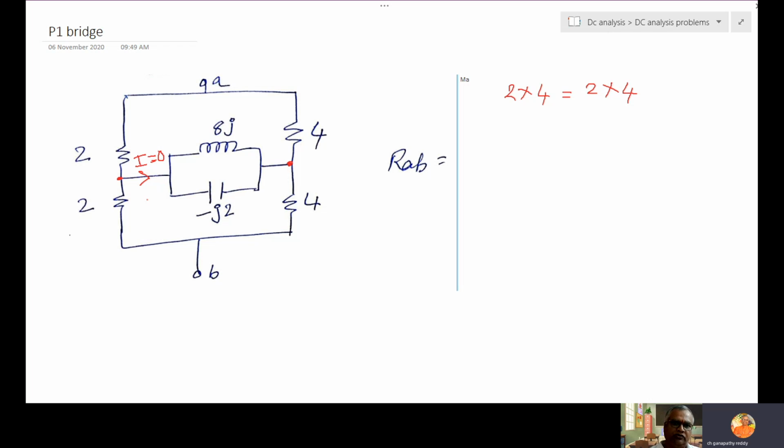Current 0 means you can think like this branch is open. When it is open, 2 plus 2 is 4, is parallel with 4 plus 4, 8. So this is equal to 4 into 8 by 4 plus 8, 12.